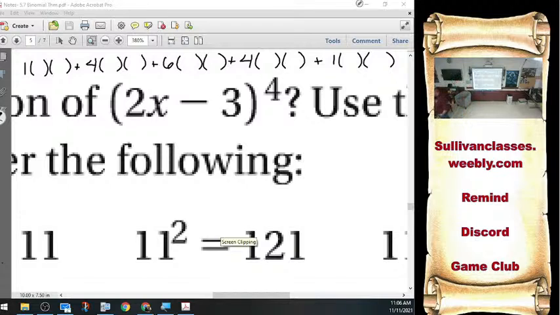Okay. So we start with our coefficients and a whole lot of parentheses.